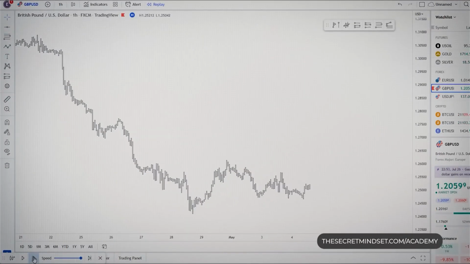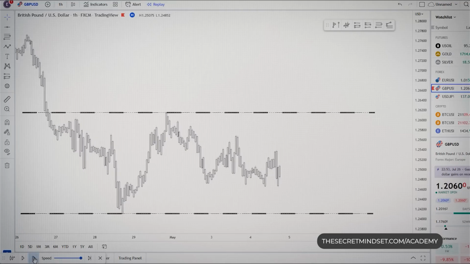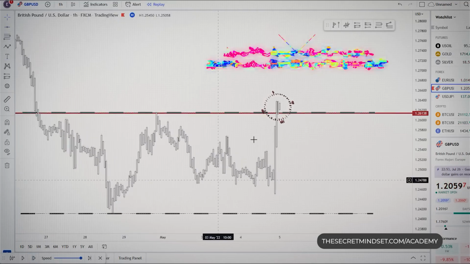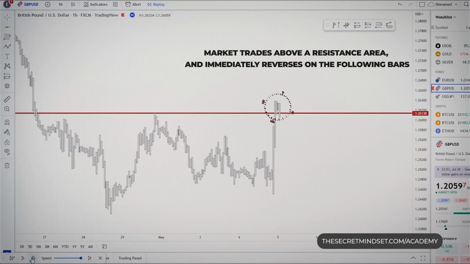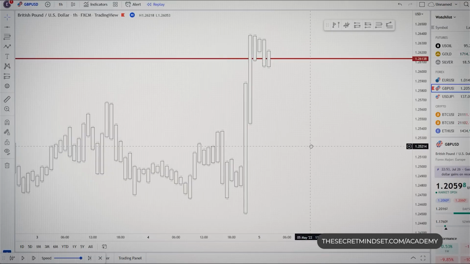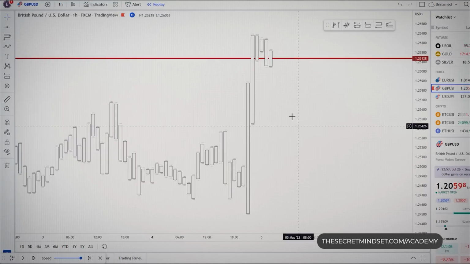In this example, we have a clear downtrend, with price currently in consolidation. For a short entry, the market trades above this resistance area and immediately reverses on the following bars and closes back under the resistance. There's no real continuation beyond the level.